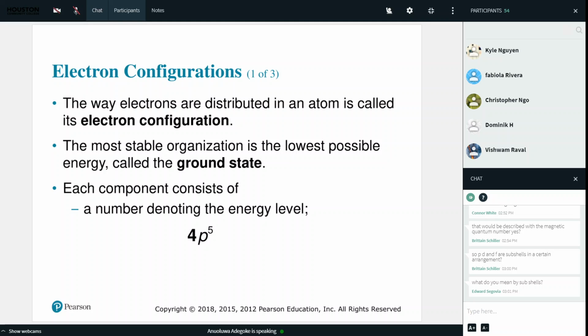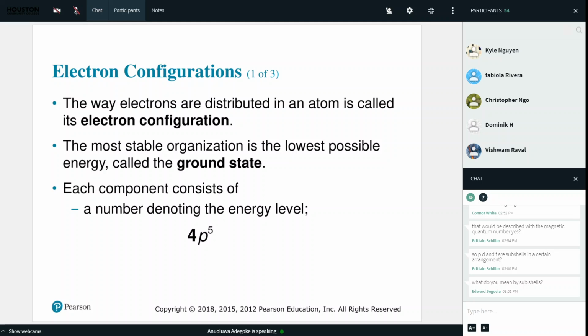Remember, the energy level is like you live in Texas. The orbitals is like you live in Houston. Those subshells that we now saw, like 1s, 2s, are talking about your street address. So we break it down to which level can we find electrons, which orbital can we find electrons.